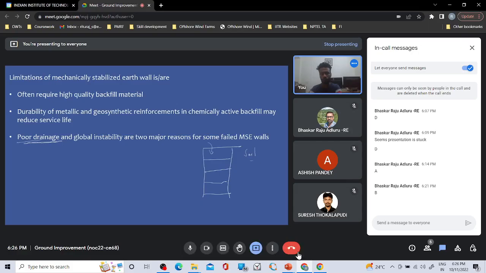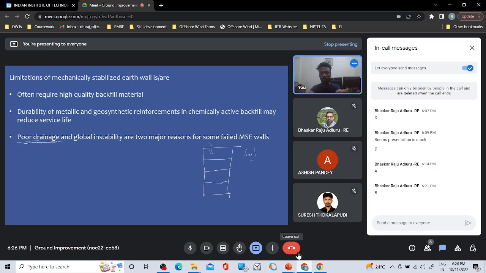Any query in this? This poor drainage part, I know it's a little bit tricky because it could have come into the option.